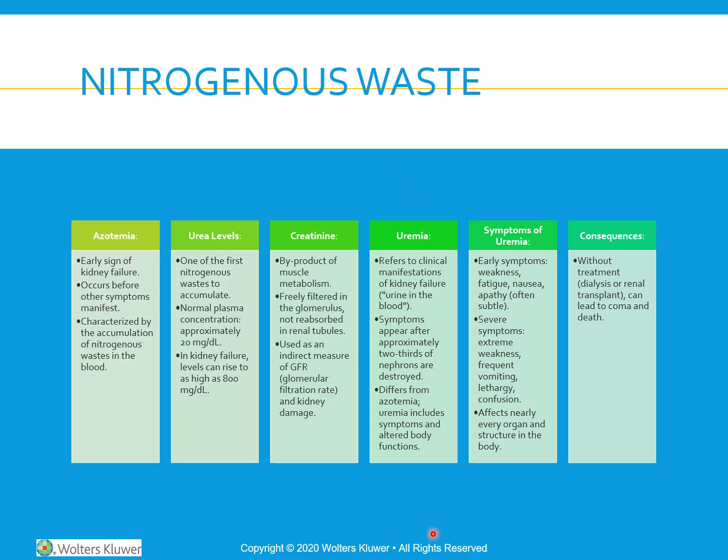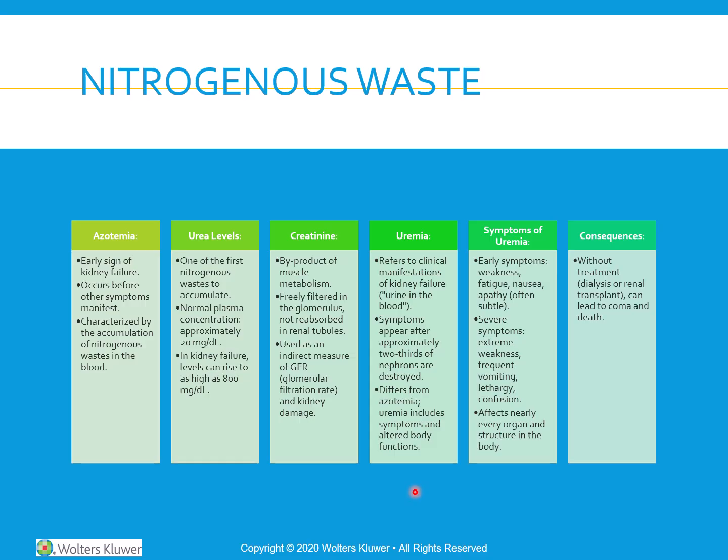The symptoms of uremia usually start to develop when about 2/3 of the nephrons are destroyed overall. Our kidneys can take about an 80% loss in function before we start to see really significant signs and symptoms. So they do have a lot of reserve.